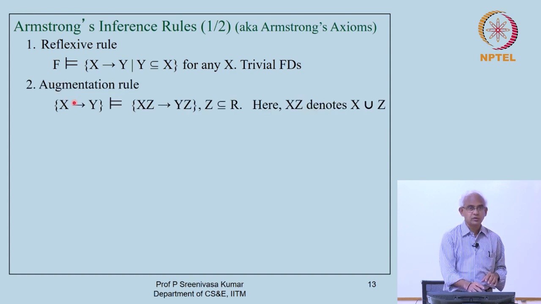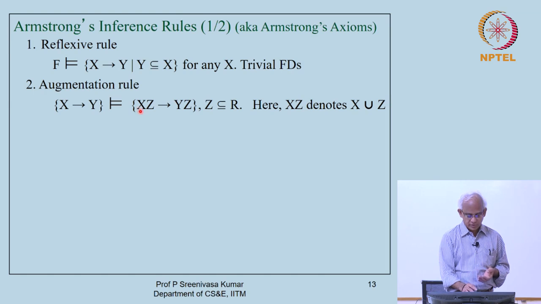Next one is what is called the augmentation rule. What this says is that suppose you are given a functional dependency X determines Y, then that would logically imply a new functional dependency where you take some bunch of attributes and add them both to the left hand side and to the right hand side.